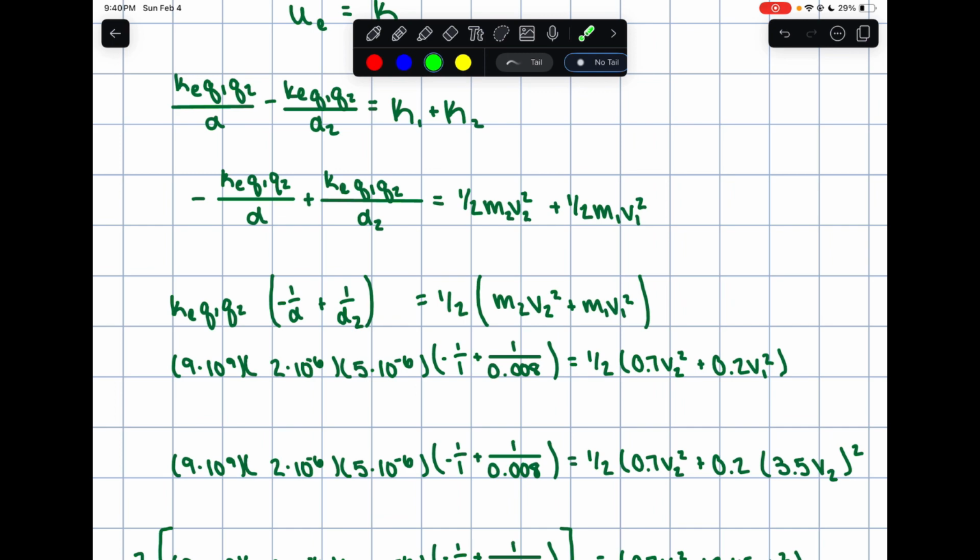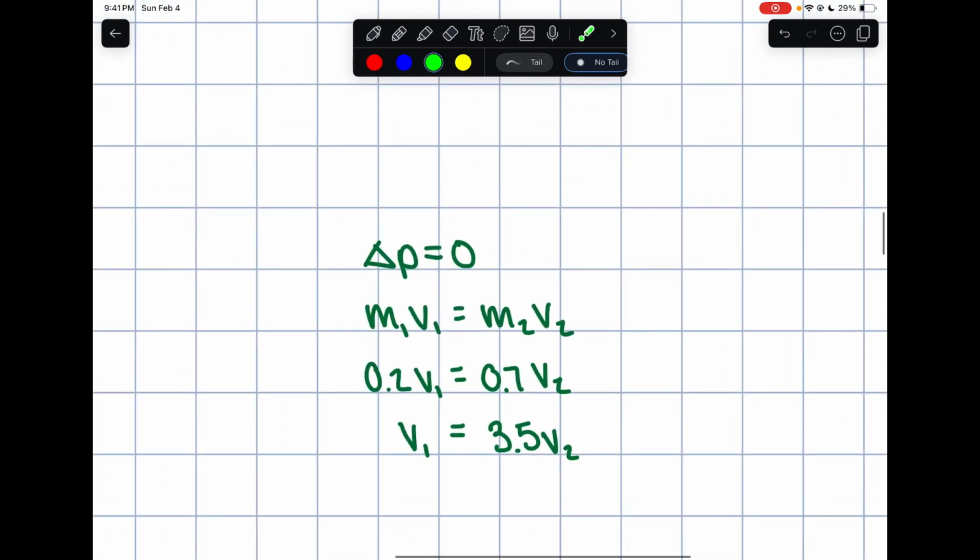Well, our first thought should be a collision. Whenever we hear that word, we know we will most likely be dealing with momentum. So let's take a look there to see if we can substitute in for one of our unknowns. We know that the change in momentum is equal to 0 because momentum is conserved in this case.